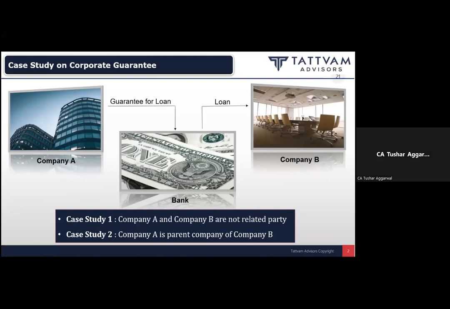So holding companies give a corporate guarantee to the bank on behalf of the subsidiary company. This corporate guarantee generally comes under contingent liability in the balance sheet. The department is saying that this activity of giving corporate guarantee by the holding company to the subsidiary company is taxable, and is issuing notices.